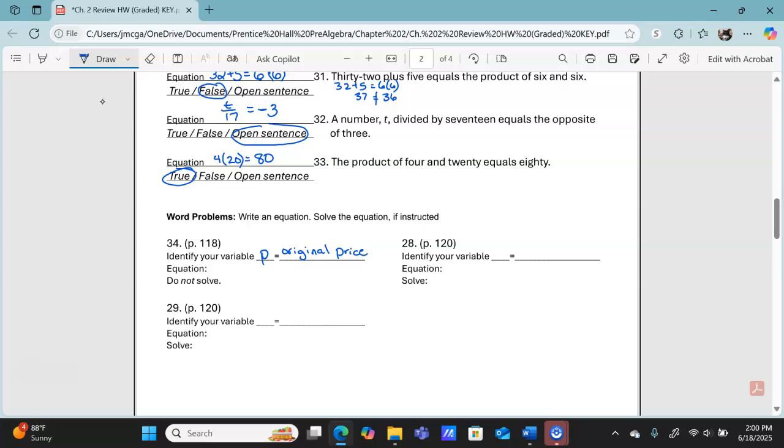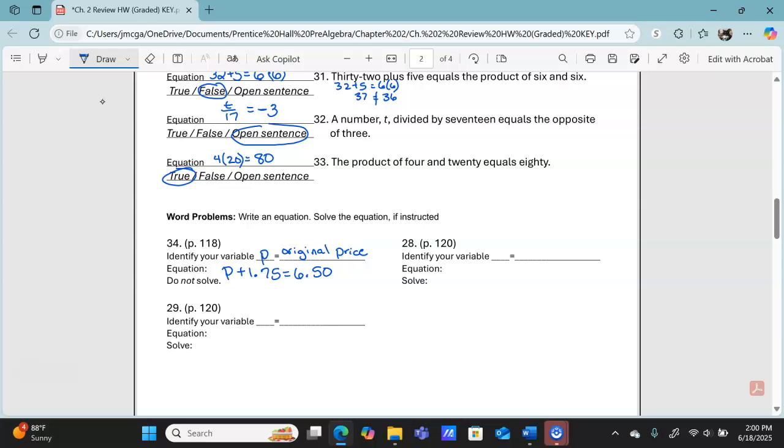So whatever the original price was, they increased it by $1.70. And the new price, not $1.70, $1.75. The new price is $6.50. And this one you did not have to solve. So that's all you had to do there was write the equation.